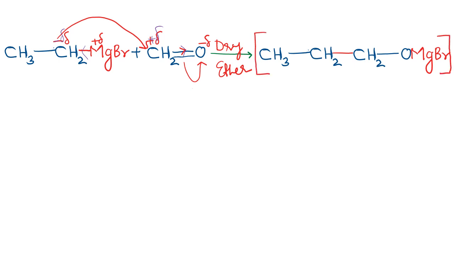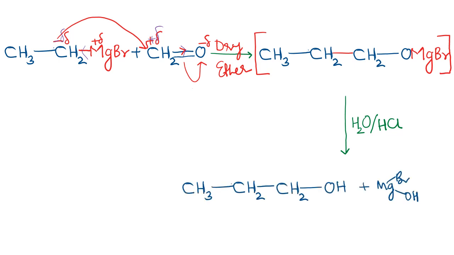This adduct is unstable, which can be decomposed by using water and HCl always. So when you are putting water and HCl, this OMgBr becomes OH, and we are getting our target molecule. So important parts to remember is that electron rich carbon of Grignard reagent is attacking on electron deficient carbon of aldehyde.